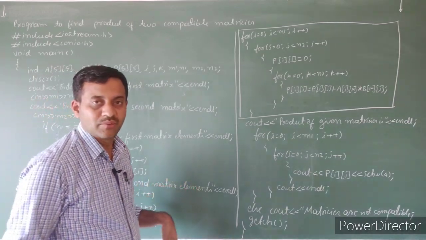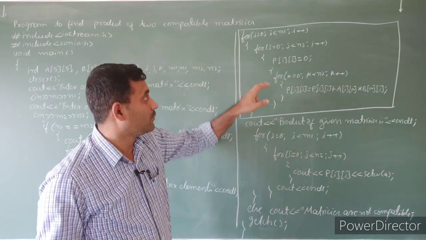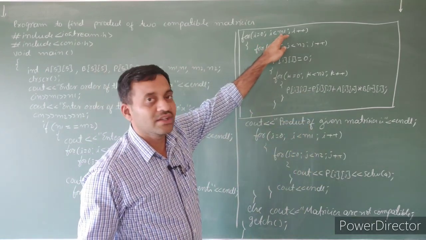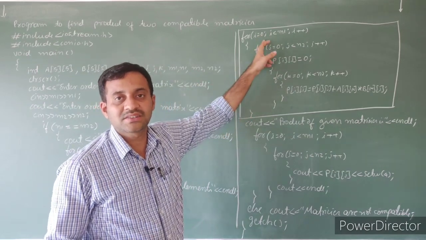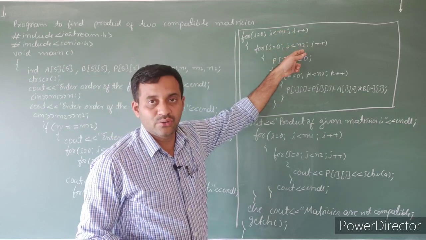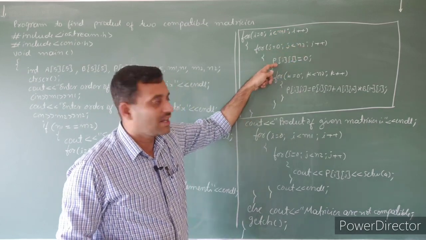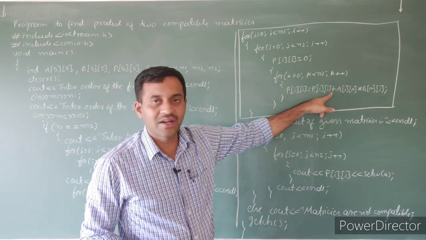After reading the matrix elements, again we have to access first row and second column elements. Hence here the order is m1 and n2, the outer order. The order of the accessing is the outer order, that is m1 and n2. At the same time, initialize the product to 0 because here we have to add the product.